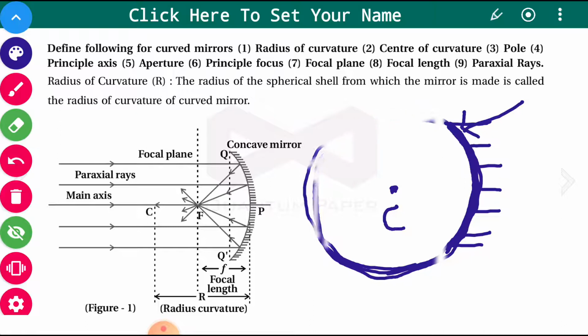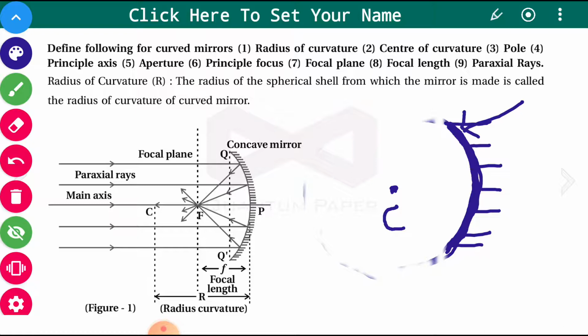So now you have a proper concave mirror. The center of the spherical shell from which the mirror is cut is known as the center of curvature of this mirror.